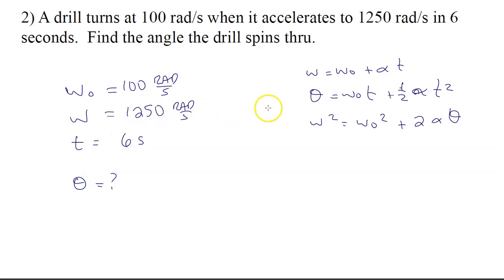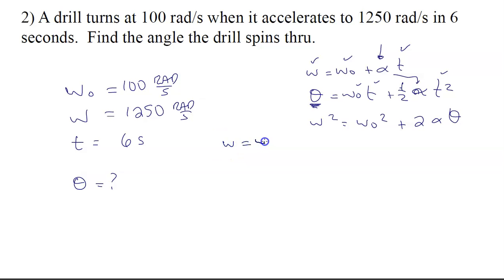What I could do, though, is realize that I have this one, and this one, and I could get alpha, and then I could take it down here, plug that in, and I would have this and this and this, and I could get that theta that I want right there. So that's the game plan with this one.